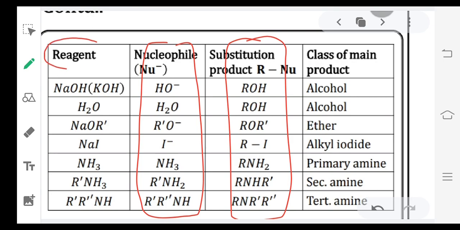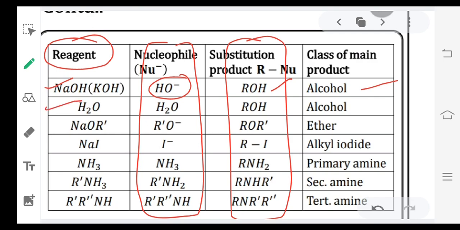See, we can use different reagents. Suppose you use aqueous NaOH or KOH, so we will get the nucleophile OH minus. Then we will get the product ROH. The compound name is alcohol. Next, water, H2O.